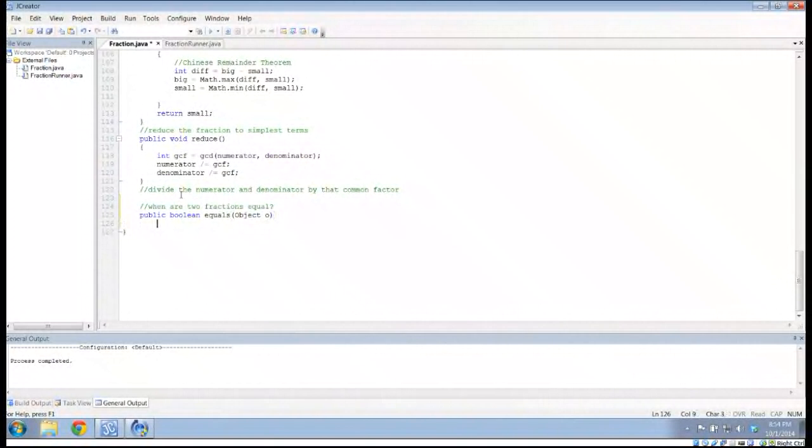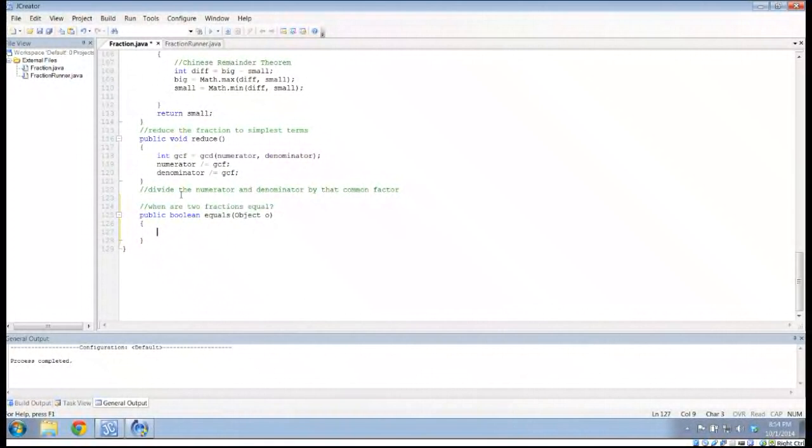Now, object is one of the most basic classes in Java. And when we talk about inheritance and polymorphism later in this series, we're going to see a lot more about object. For right now, just realize that everything is an object.